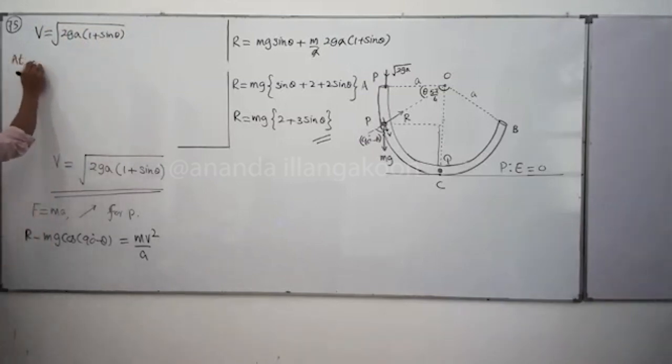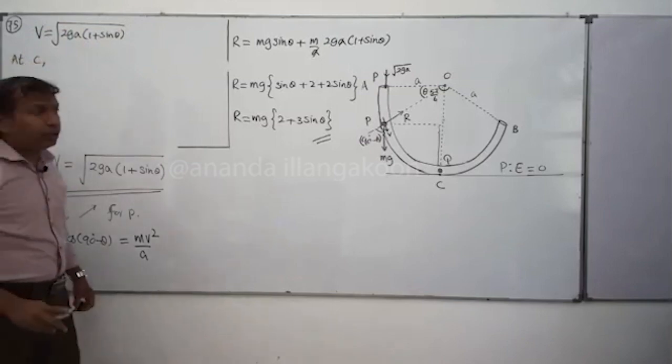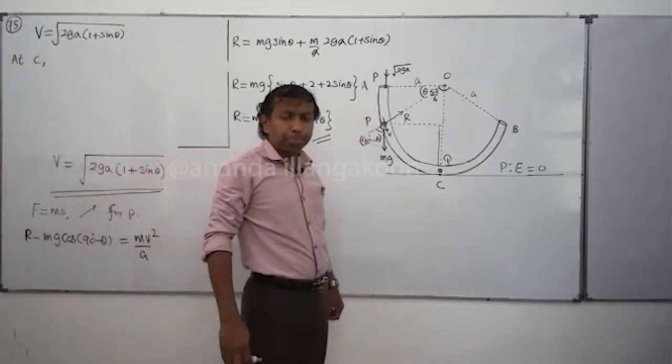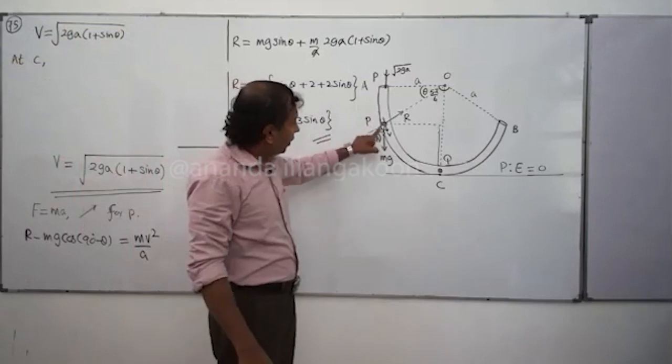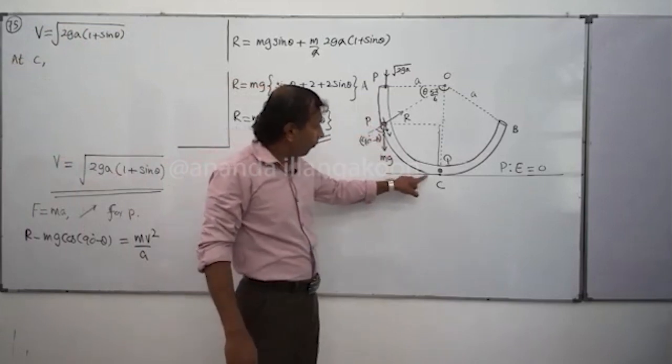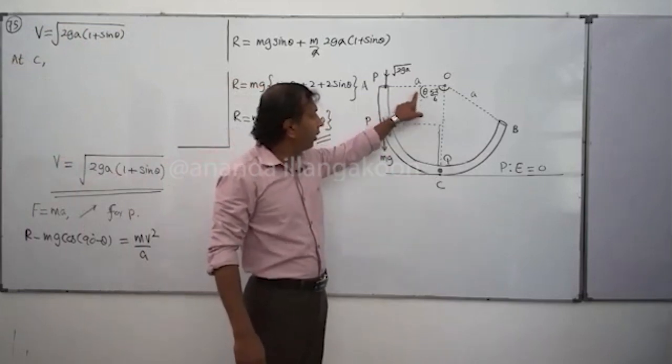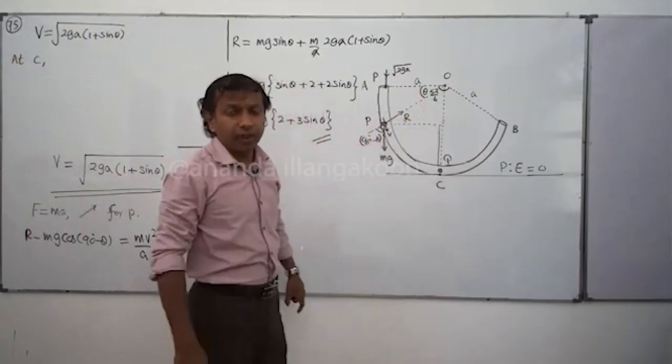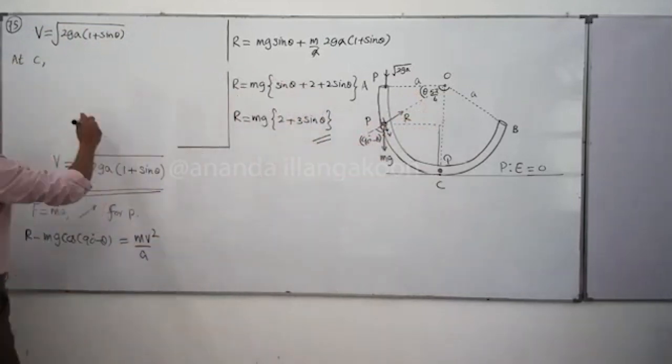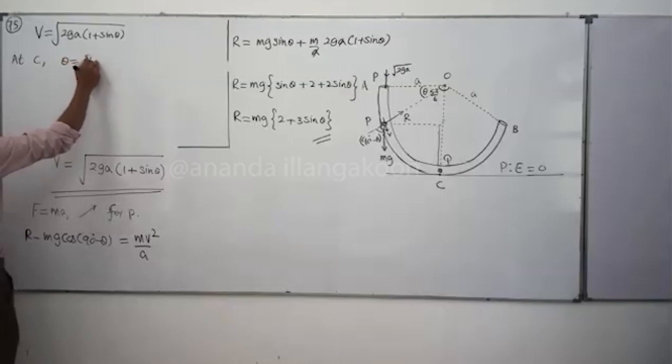At C, to find the velocity of P, theta will be 90, that is pi by 2.